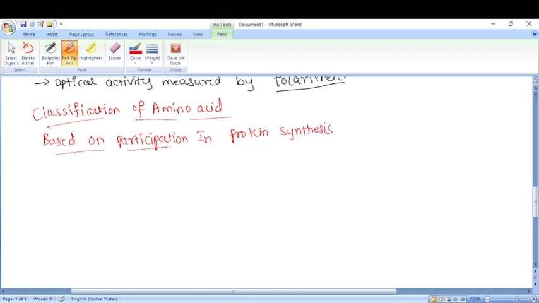Whether the amino acids are involved in protein synthesis or not, based on that, there are mainly two types of amino acids. One is the standard amino acids, another one is the non-standard amino acids.